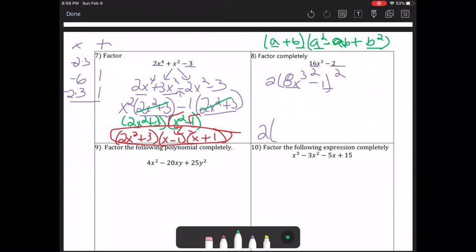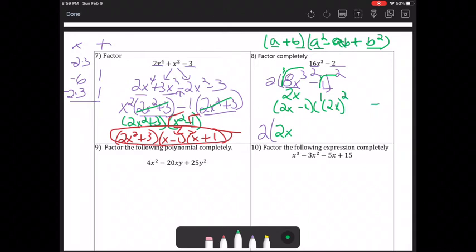Okay, so what we have here, the first thing I always do is take the cube root, so that's going to be 2x, and that's going to be 1. So I just follow the formula: 2x minus 1, it's going to be 2x squared, and then it's going to end with positive 1 squared, and it's going to be plus 2x times 1.